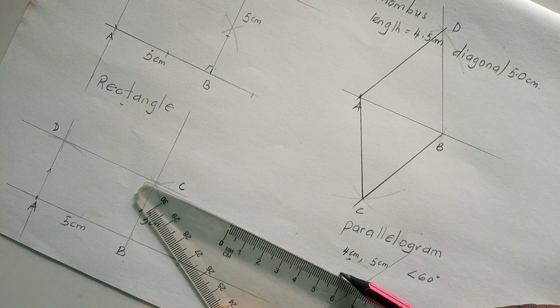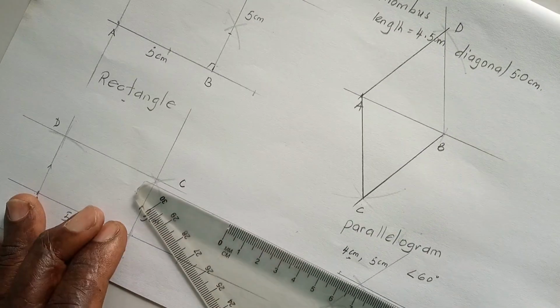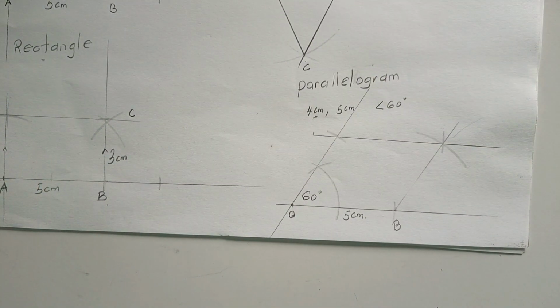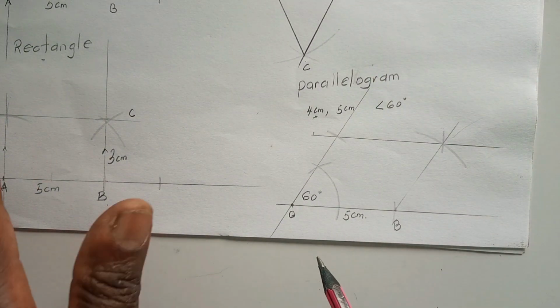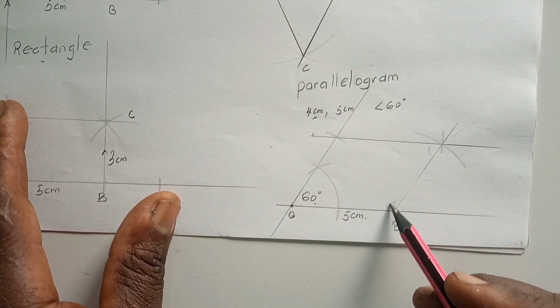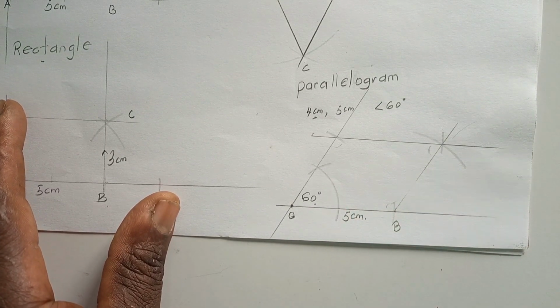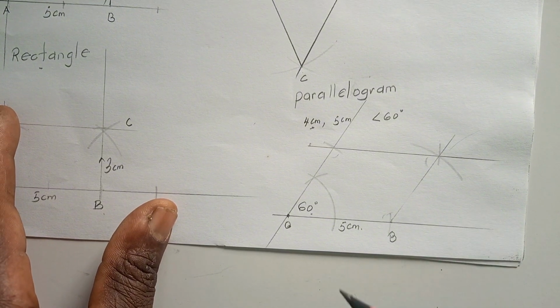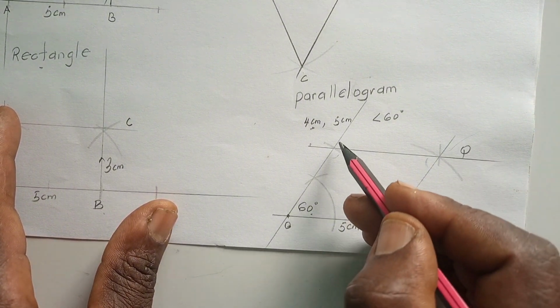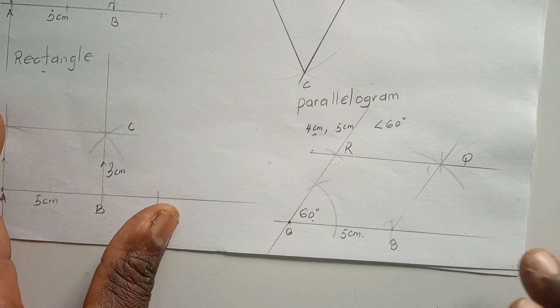Carefully to that other arc there. So I've constructed a parallelogram where this angle and this angle are the same, this angle and this angle are the same. So I can label it O, B, Q, R.